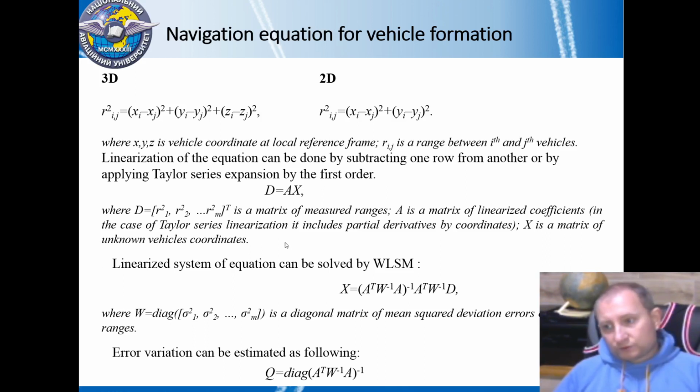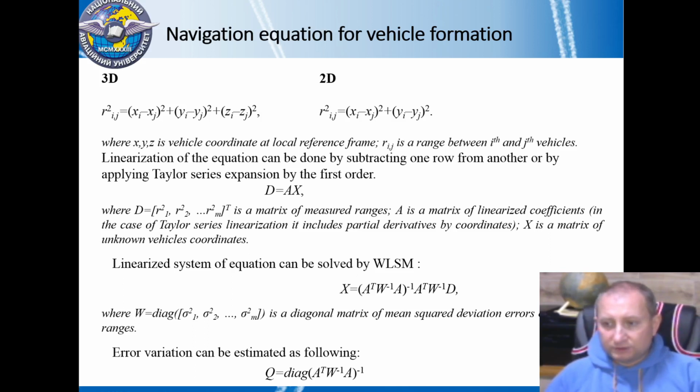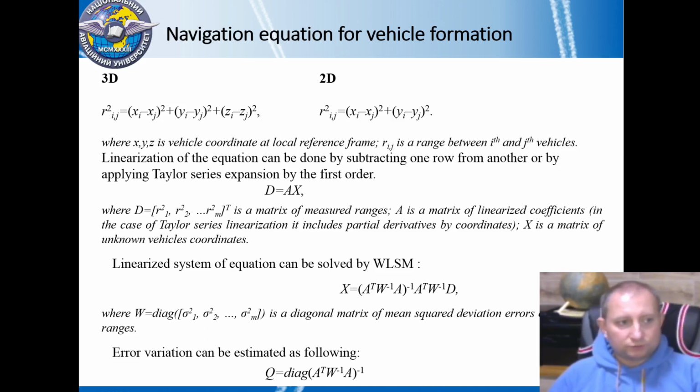Then we can use the weighted least squares method to solve this system of equations and get the coordinates x. Why do we need to use a weighted method? Because each range is measured with errors or with some noise. That's why, to minimize the influence of noise in our total result, we need to use the weighted least squares method.